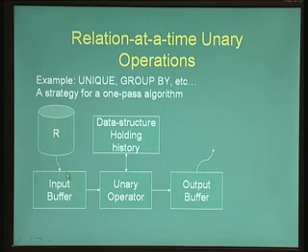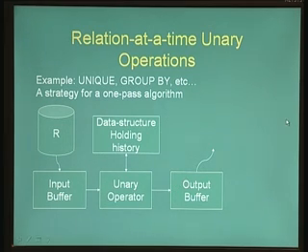So whenever we read a new tuple into the input buffer and check out the name attribute, we just check the hash table, the data structure holding history, to see if this name was already encountered. If we have already encountered this name, then we just discard this new tuple. Otherwise we add this new name into this hash table and then output the tuple.